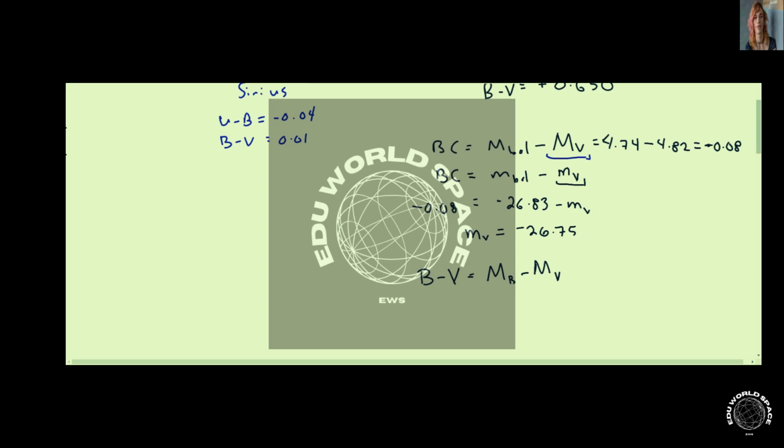And those are apparent magnitudes on the right, B minus V, and the absolute magnitudes as seen on the left. Okay, so we have V, that is basically minus 26.75. So B plus 26.75 has to equal B minus V plus 0.650.